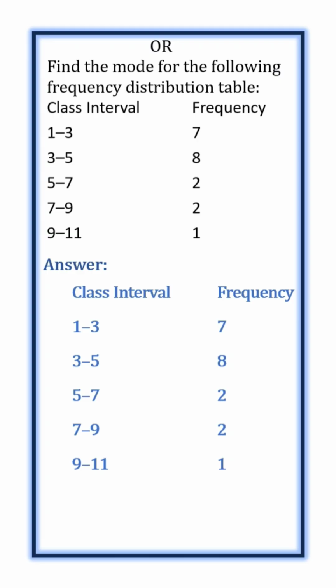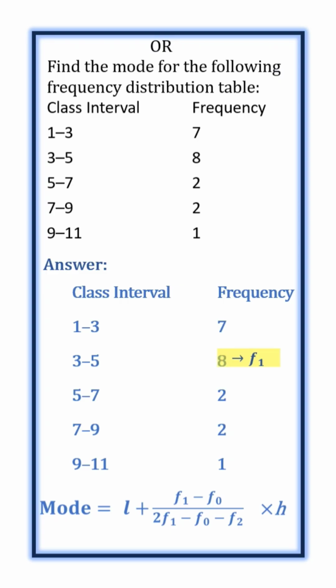Here the highest frequency is 8, because mode is equal to L plus (F1 minus F0) upon (2F1 minus F0 minus F2) into H. The most repeated number is the mode, that is F1.